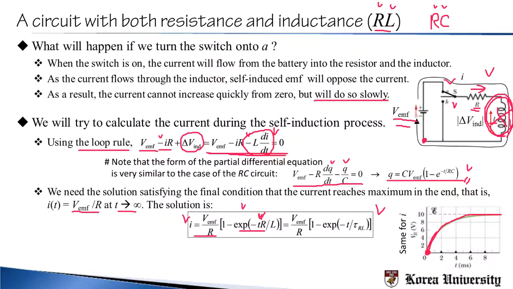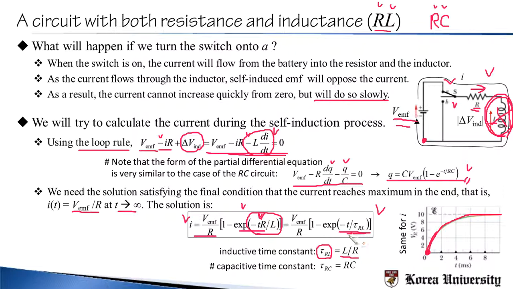Okay, and here let's look at this part. This part includes minus t multiplied by R divided by L. If you define L divided by R to be some constant, this constant will have the same dimension as time, so you can rewrite it this way.